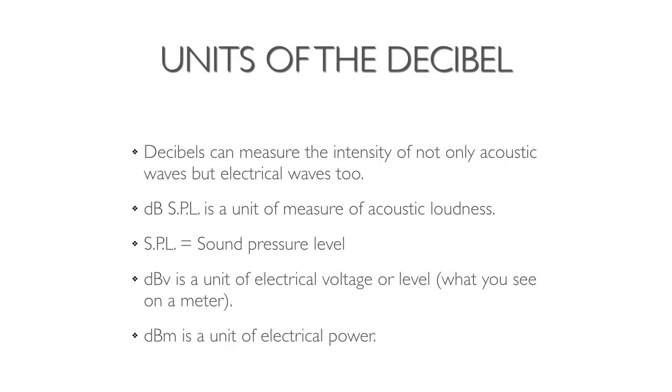So the units of the decibel can measure intensity of not only acoustic waves, but also electrical waves. So when we look at a meter in a mixing console, for instance, what we're looking at there is electrical waves. And specifically a portion of the power, which is called voltage.